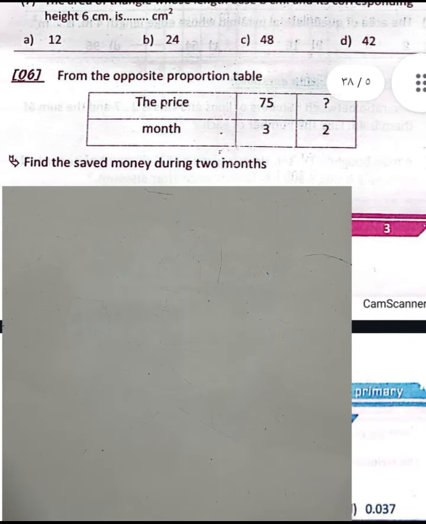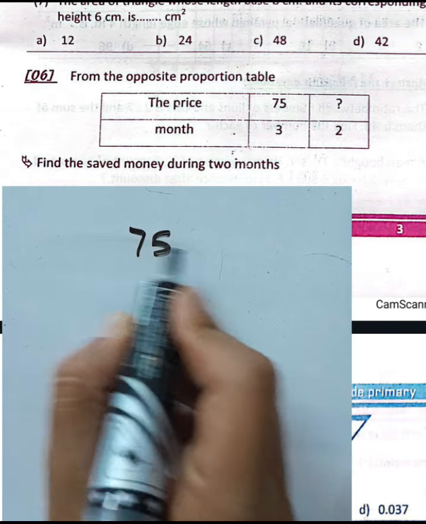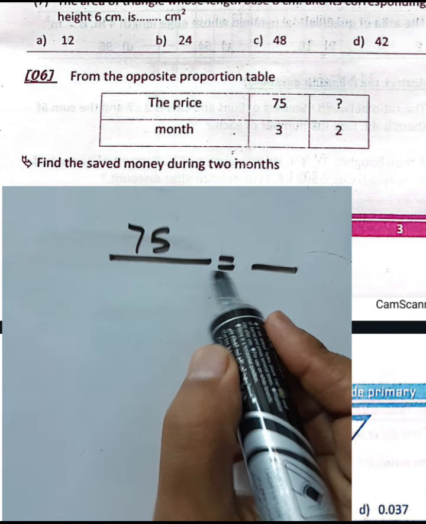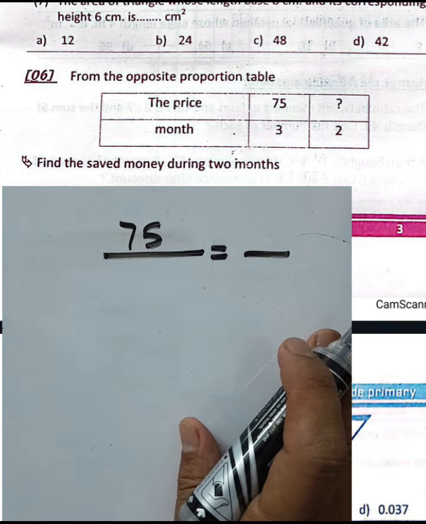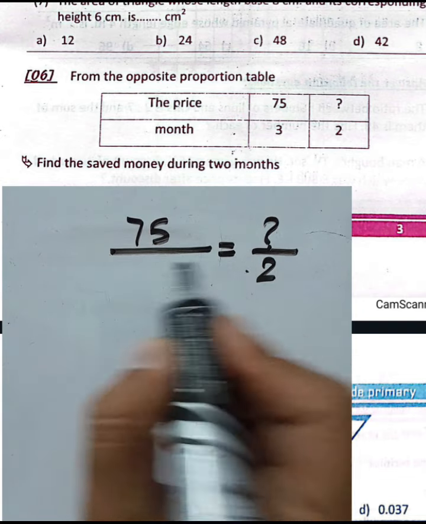Question 6. From the revision table, we want to find the money saved during 2 months. We can find 75 times 2 divided by 3, because the product of extremes equals the product of means.